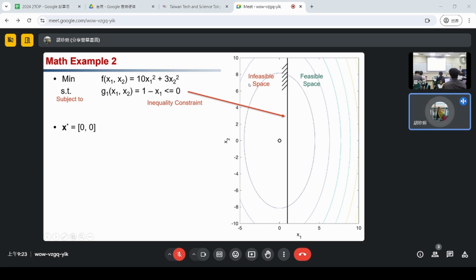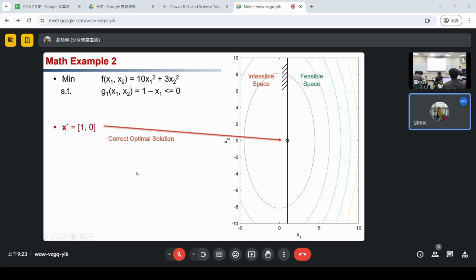You cannot stay on the left-hand side, but you can on the right-hand side. Now, what's the solution? Anyone? This is something that you can just observe and figure out. So that is the point that is the closest to 0, 0.